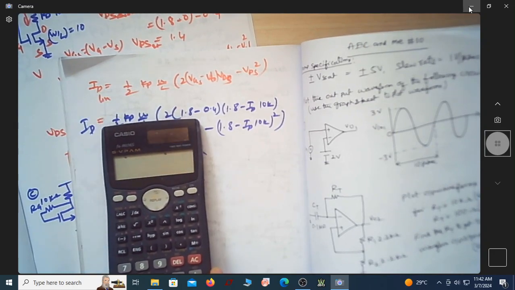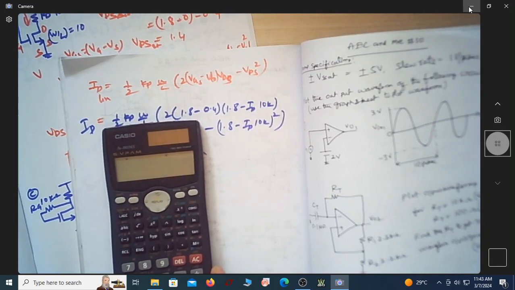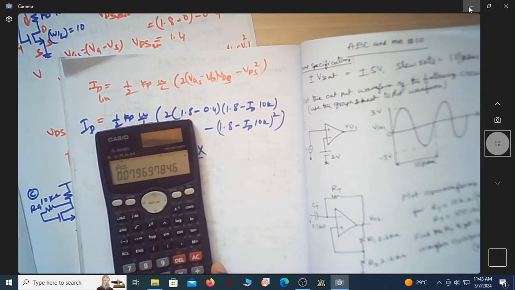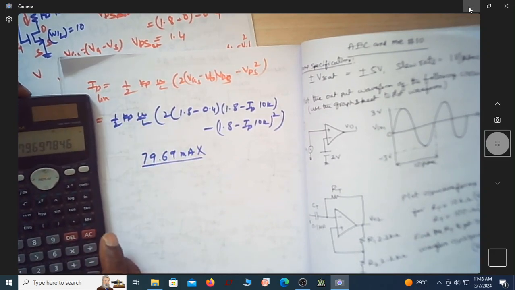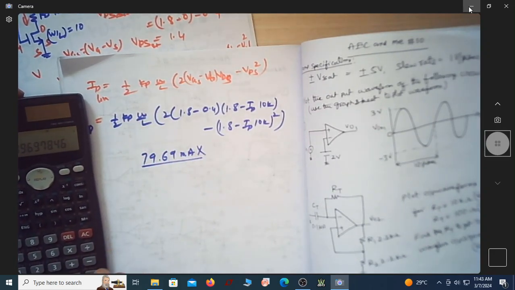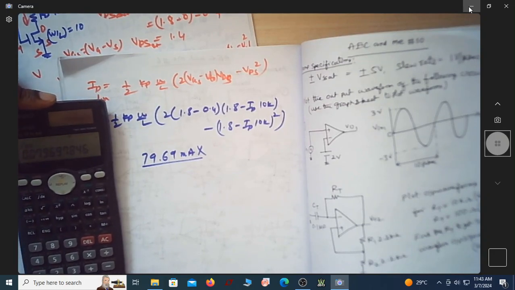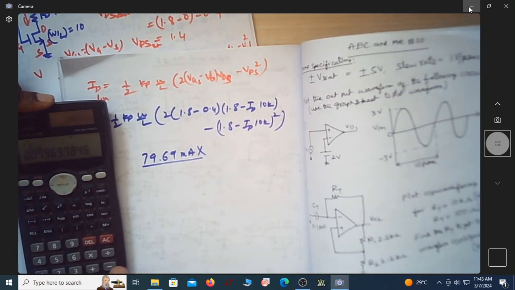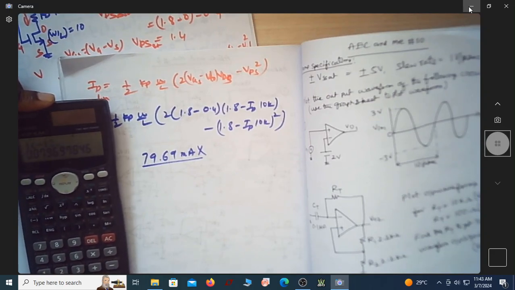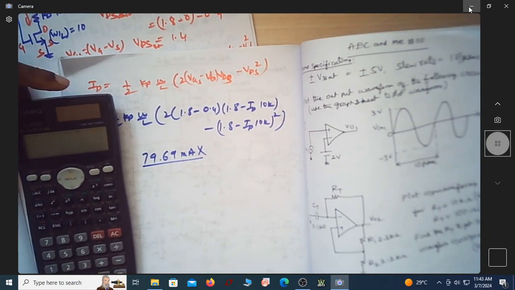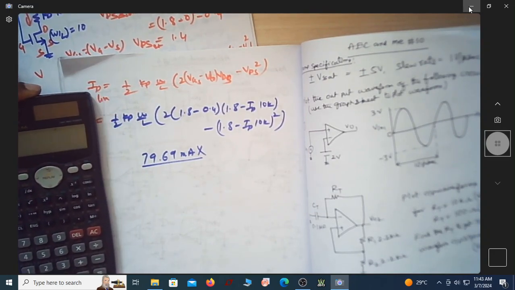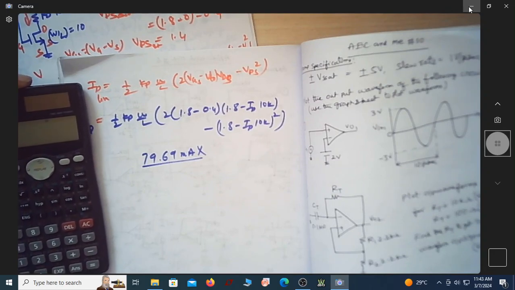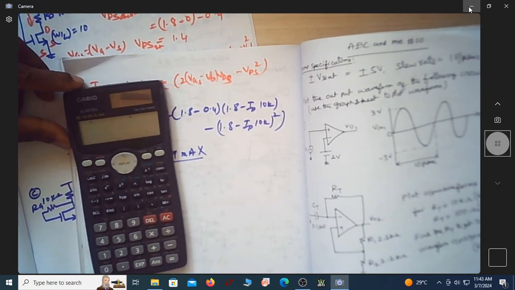Oh, this is again coming out to be that. Okay, let me just find it. Equals 1 exponential minus 12 shift cal. What is the answer? Let us see.